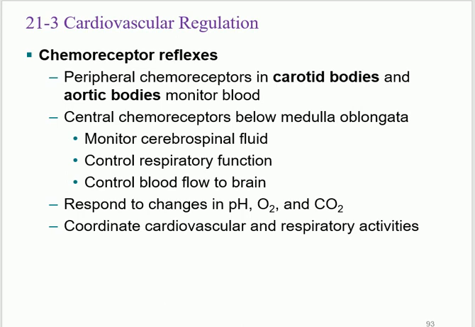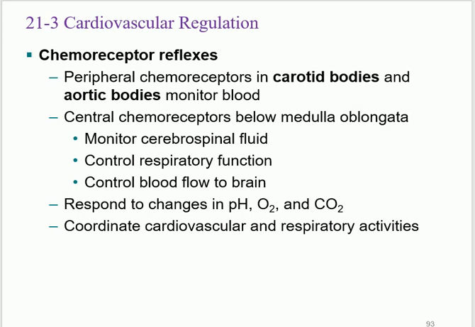Do we have central ones in the brain? Yes, in the hypothalamus. We have chemoreceptors in the hypothalamus and in the medulla as well. So you do not monitor the blood chemistry only in the aorta and carotid. Those are the peripheral ones. Additionally, you have them inside your brain, in the hypothalamus and the medulla oblongata, and they also detect the same three: pH, oxygen, and carbon dioxide.